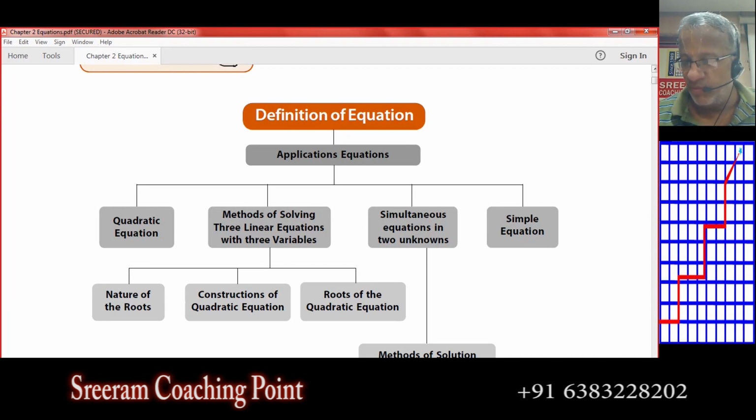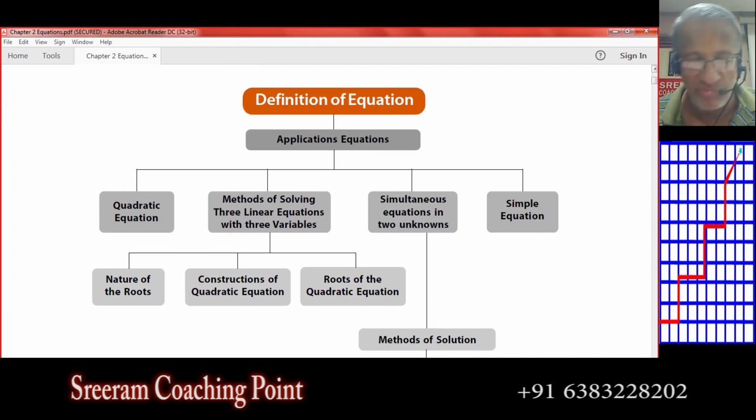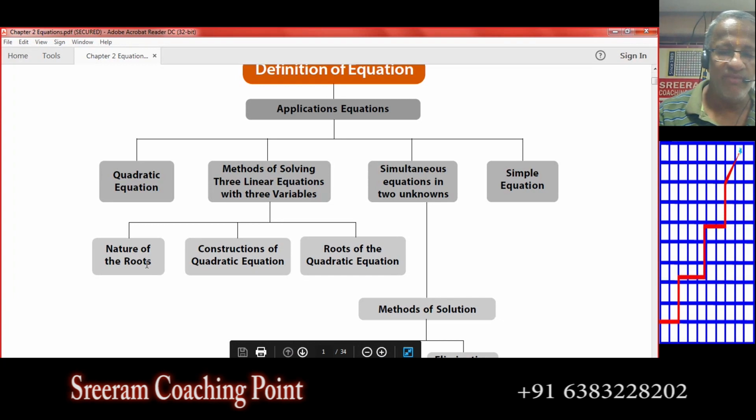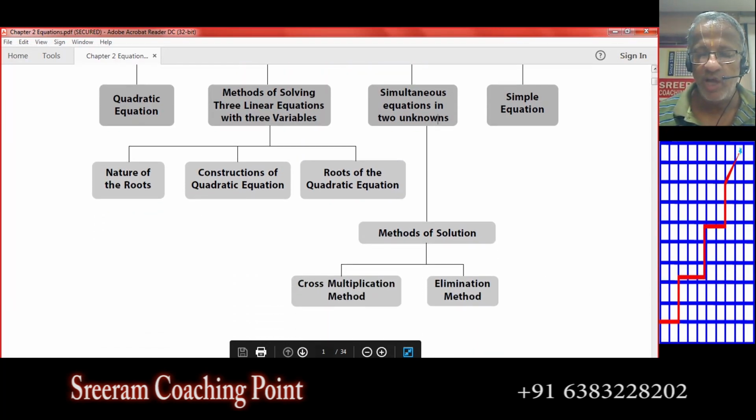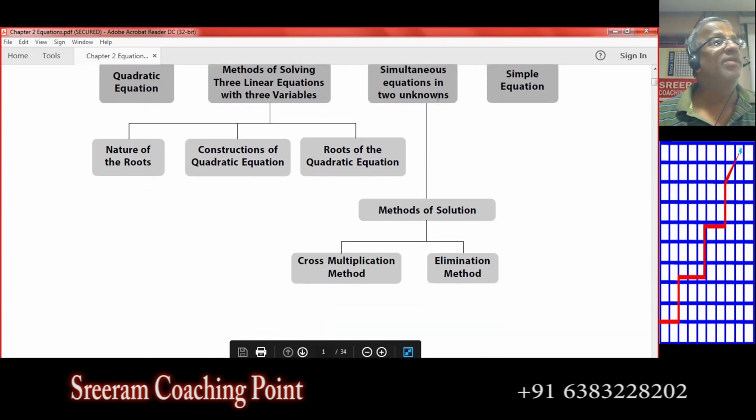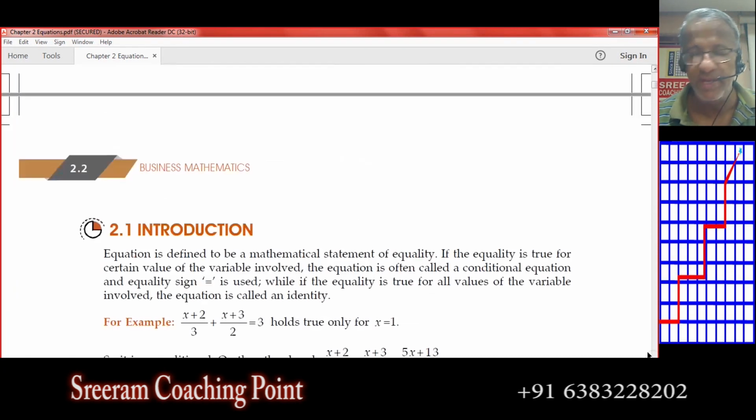Nature of the roots, construction of quadratic equation, roots of the quadratic equation, methods of solution, cross multiplication method, elimination method, all that we will be taking up.